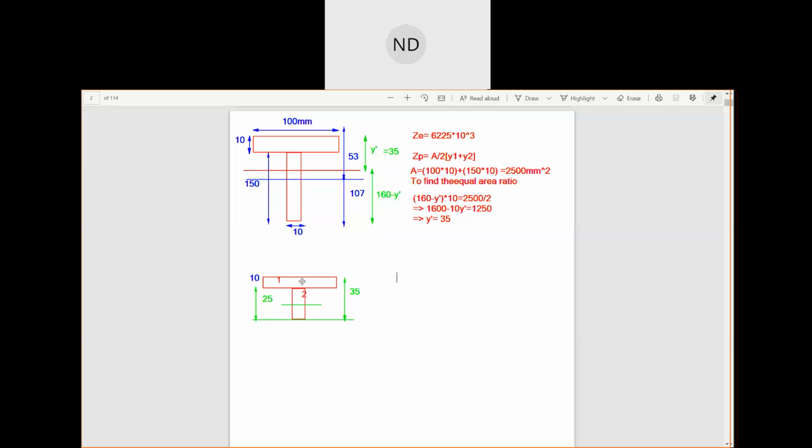If this is your first member above the equal area axis, how much is your y1? Y1 will be 100 into 10 into 30. Right, this one 100 into 10.